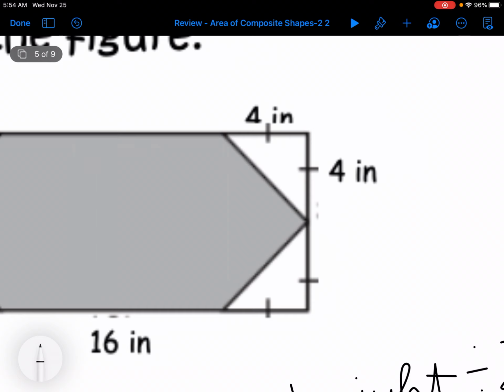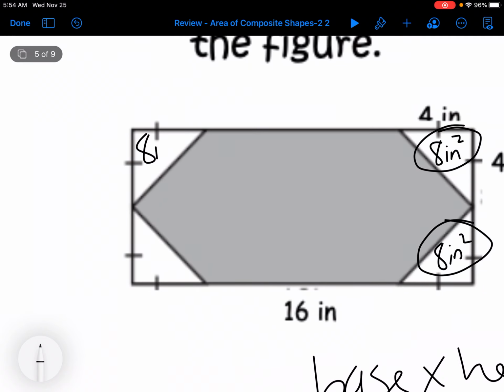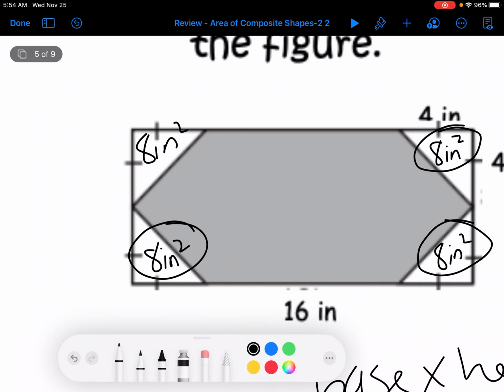So I have 8 inches squared, 8 inches squared, 8 inches squared, and 8 inches squared. Now I have to figure out the area of the big rectangle, so I'm actually going to switch colors.